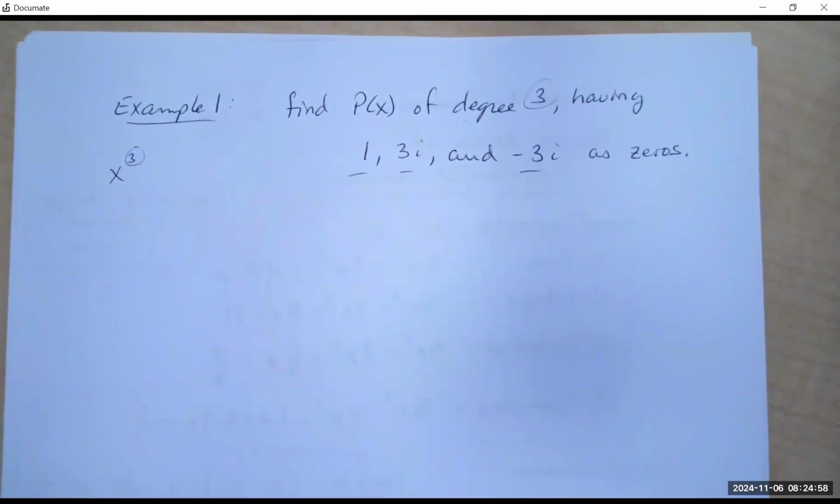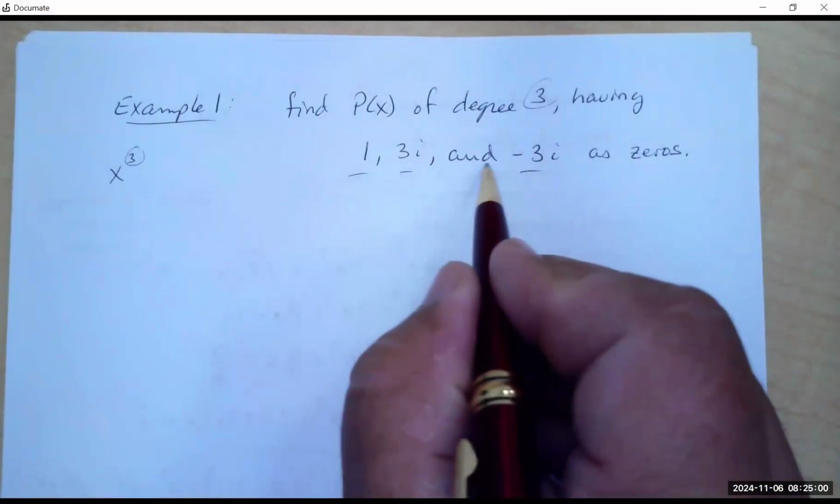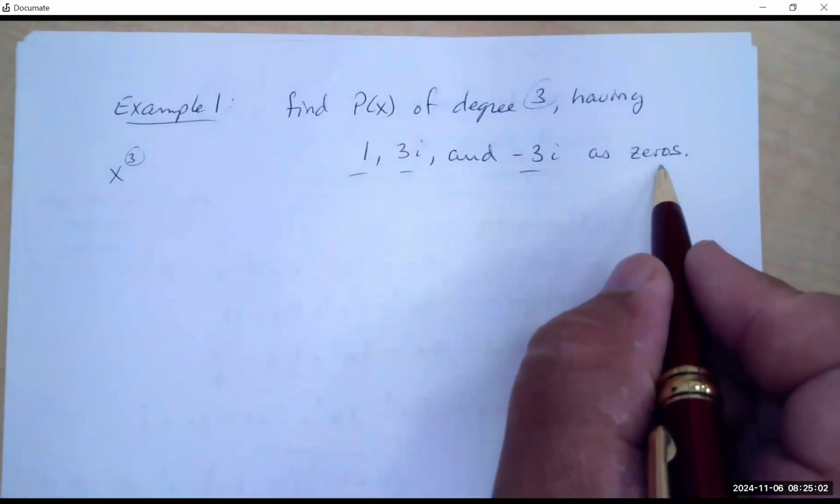So how do we do this? Well, 1, 3i, and negative 3i are zeros.